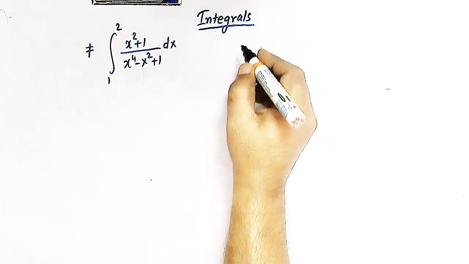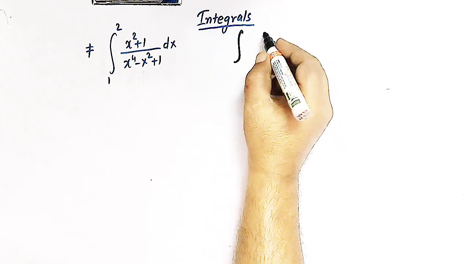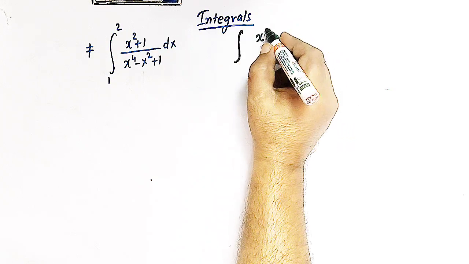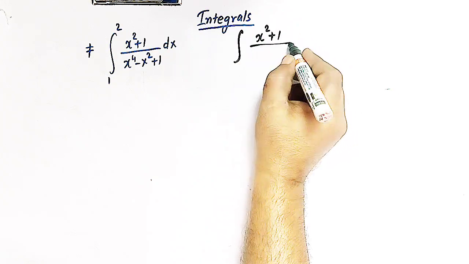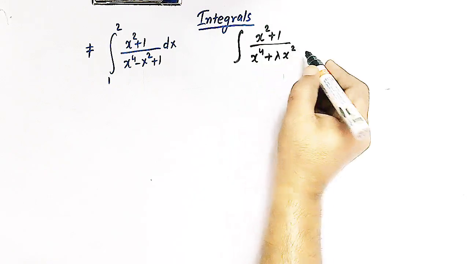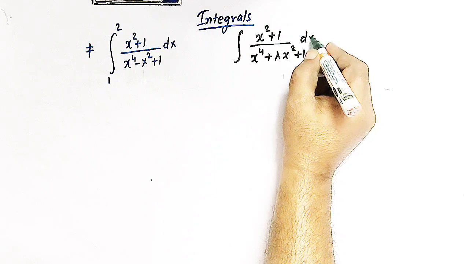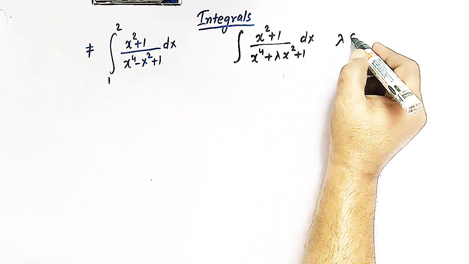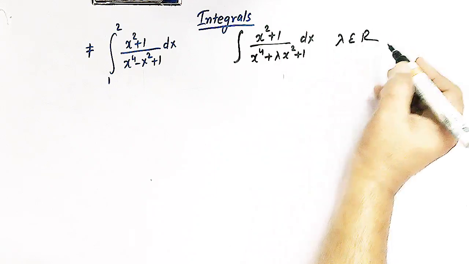So viewers, we have already discussed these kind of integrals in our earlier videos, and we have discussed the form, that is the integral of (x square plus 1) over (x raised to 4 plus lambda x square plus 1) dx, where this lambda belongs to the set of real numbers, right?